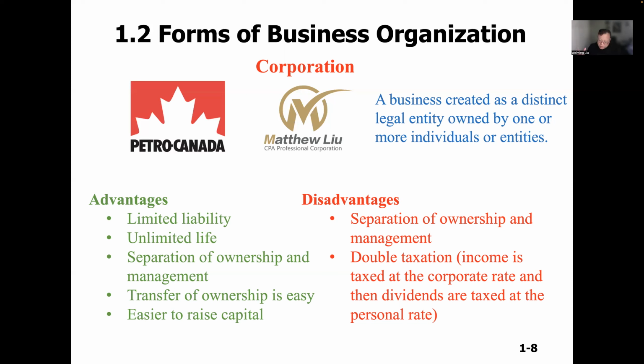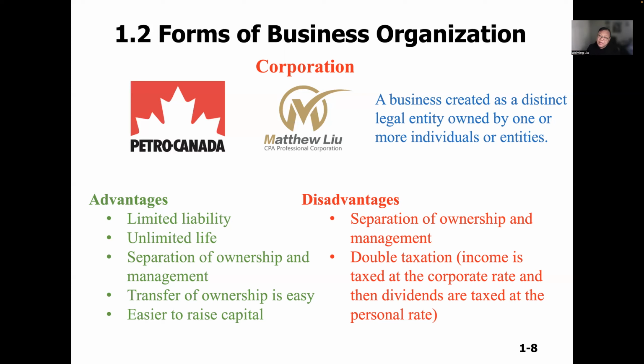In Canada, the tax system is really trying to work through a process called integration. That means they are striving to reach the goal that no matter how you earn this profit, whether personally or through a corporation, ultimately the total amount of tax you pay is the same, okay? This is the ideal situation, but integration is very complicated.